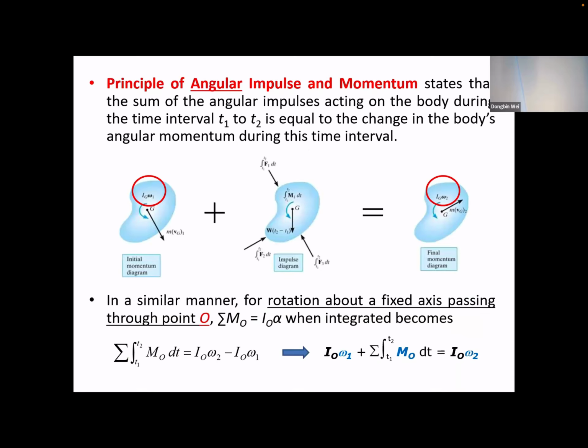For angular impulse, not just this couple moment, actually all external forces can generate angular impulse. So all will be involved, including F1, F2, F3, the couple moment, and the gravitational force.